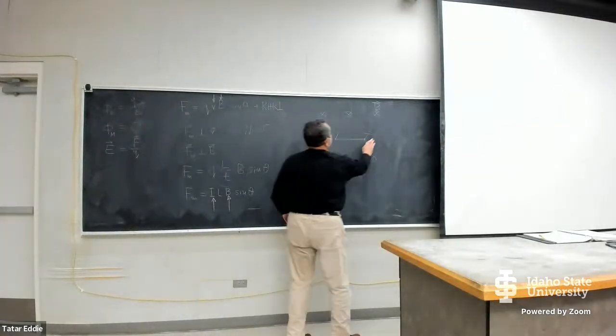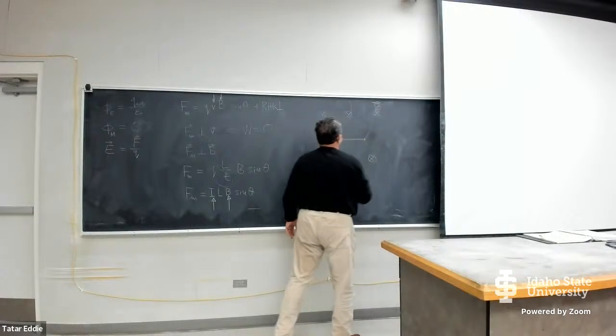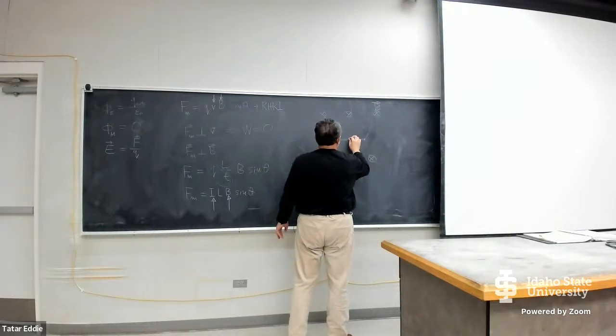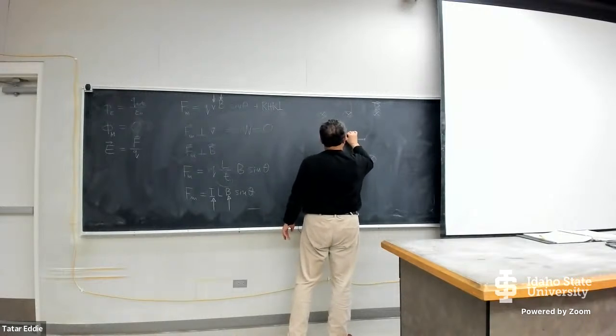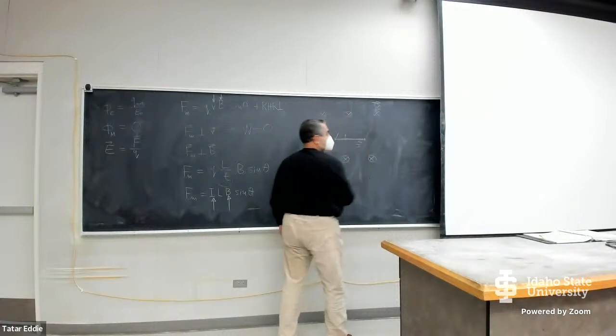Well, let's remove this battery so as not to obstruct our diagram. We established that this piece of straight wire with length L is going to feel a force this way. Remember, the current is flowing this way.